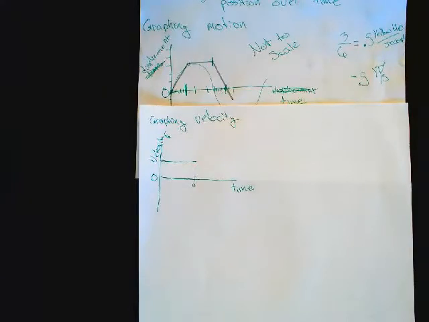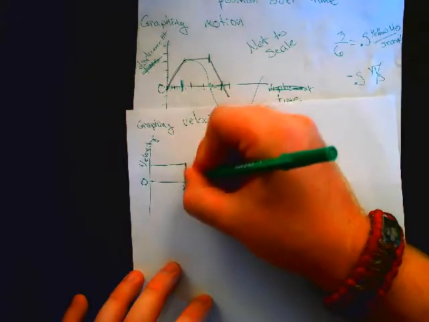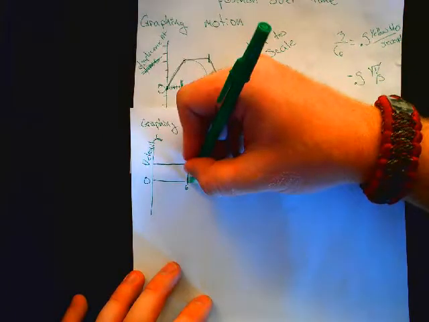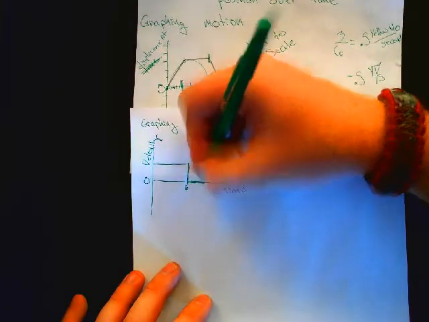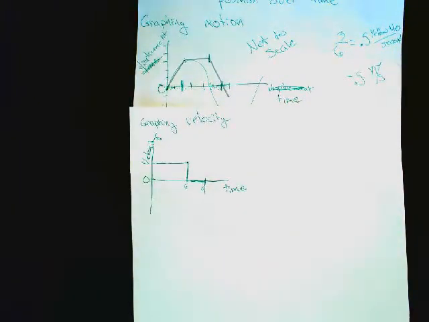What should my graph look like next? Velocity should go to 0. So I'm going to draw it down here. It's going to sit at 0 for how long? 3 seconds. So about, I think I'm drawing this a little bit better to scale. About to there. All right, now what?